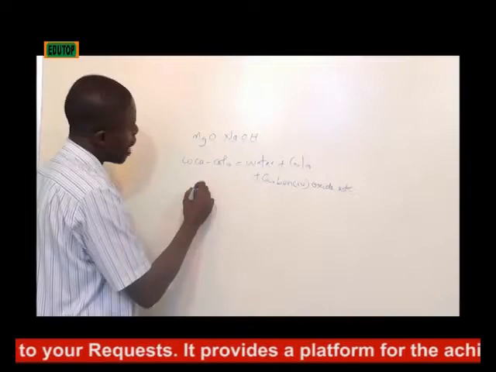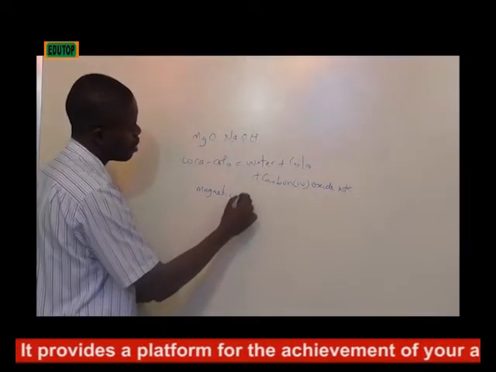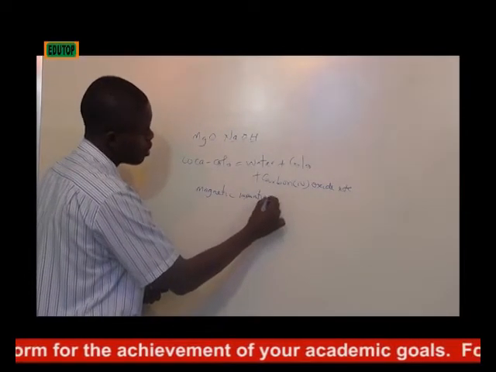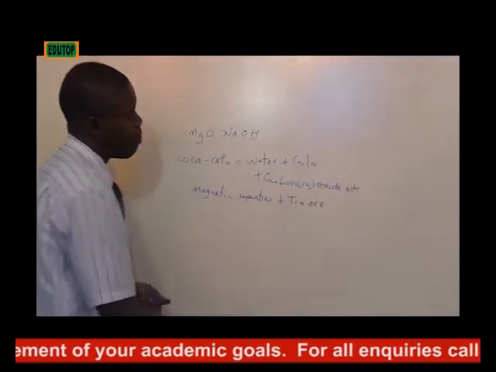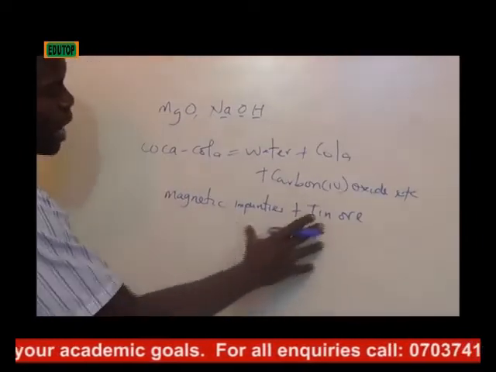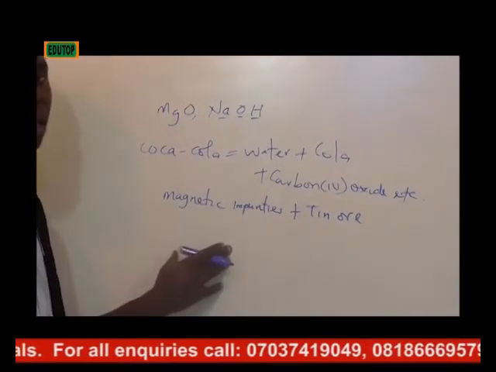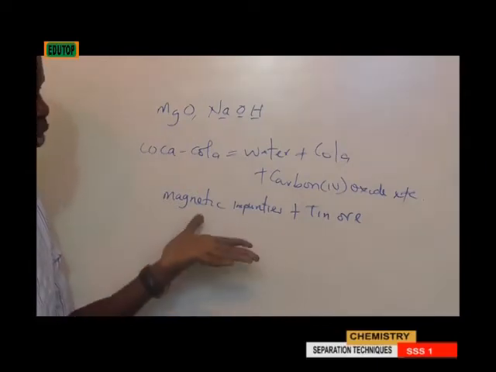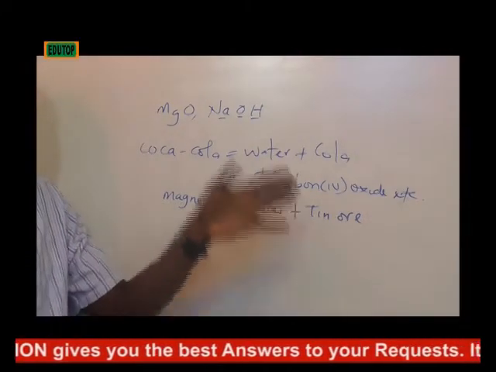So if you have magnetic impurities plus tin ore, bringing a magnet near this mixture, it will separate these magnetic impurities from the tin ore. So that method is very important in the separation of a mixture of magnetic impurities and tin ore.